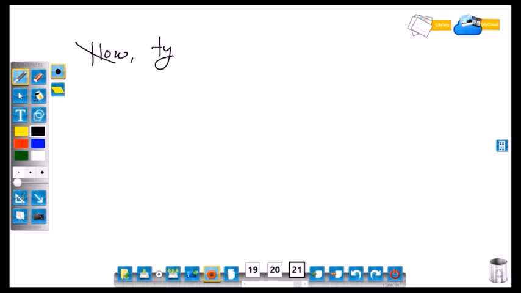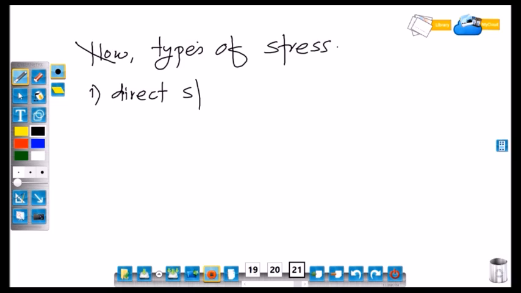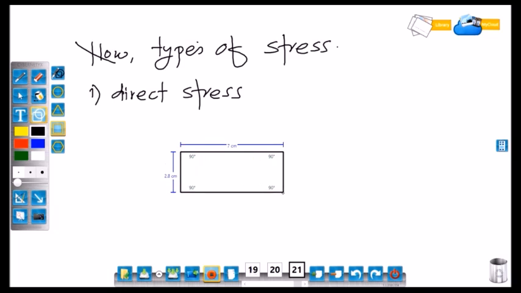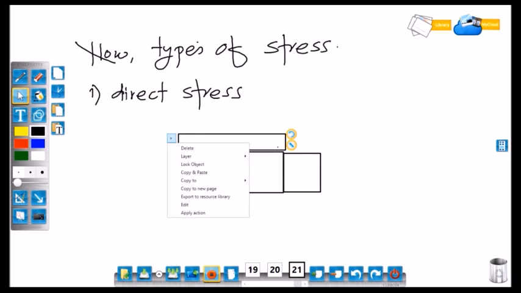Now, different types of stresses. The first one is direct stress, which is due to direct load. Look on the board.